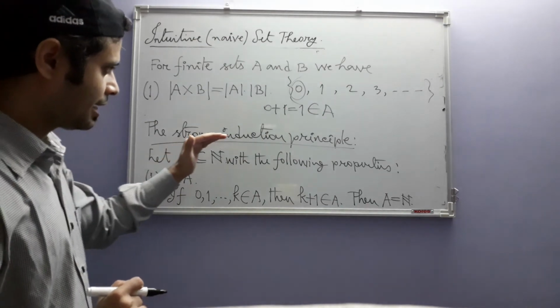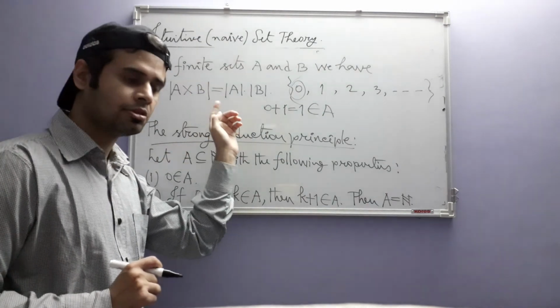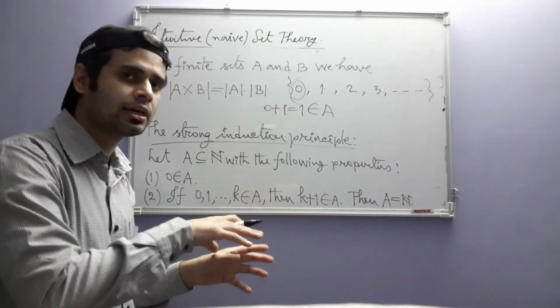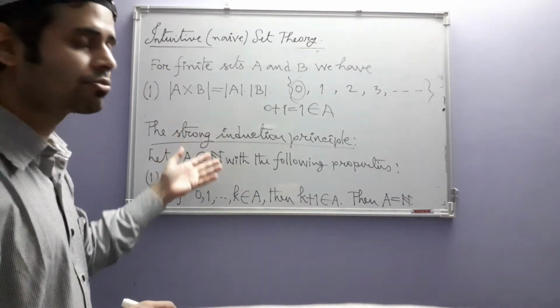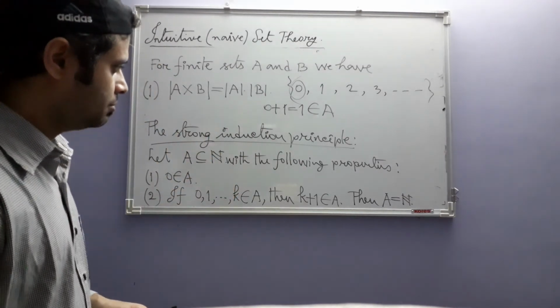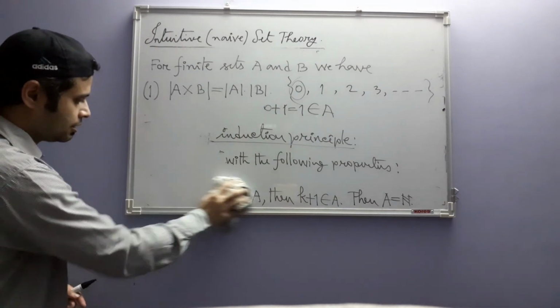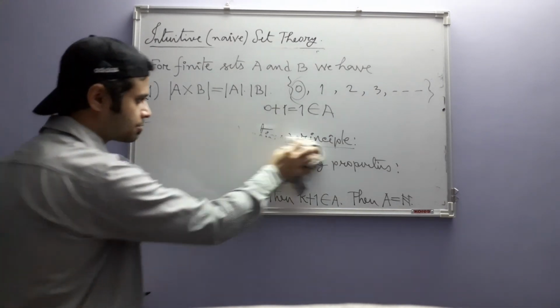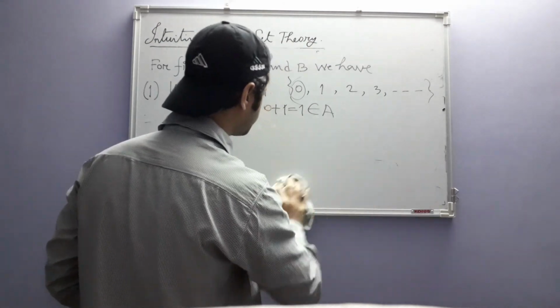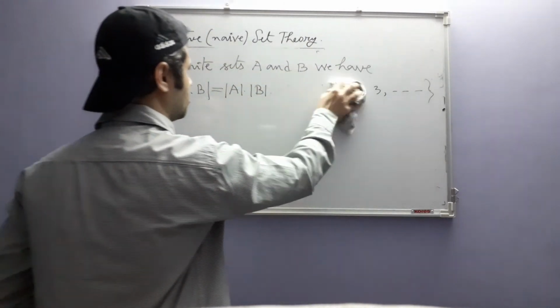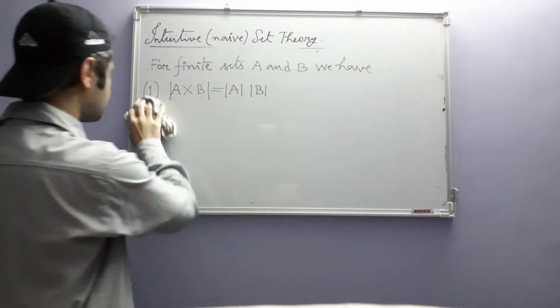Now once we assume the original principle, the strong principle is actually a corollary. It can be proved from that one. Anyway, right now we don't need such proofs. We just need to use these principles to prove something else, namely this one.